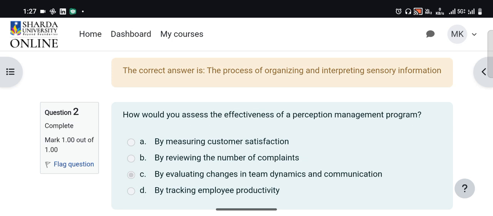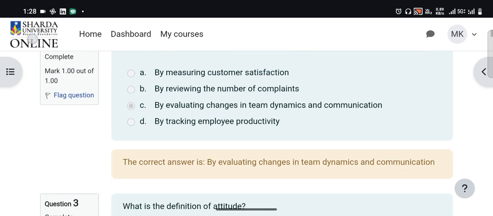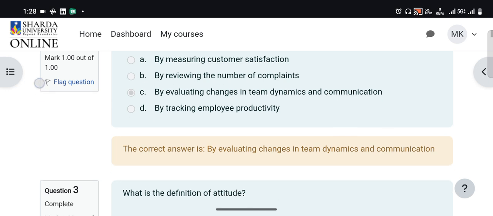Option C, by evaluating changes in team dynamics and communication. Option D, by tracking employee productivity. The correct answer is by evaluating changes in team dynamics and communication.